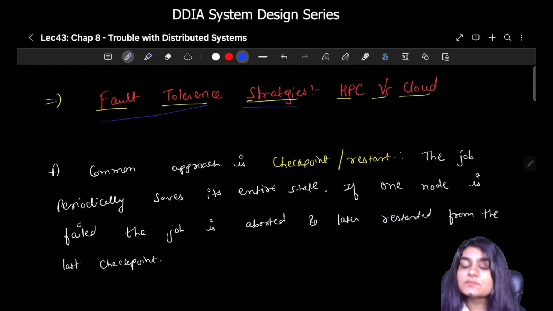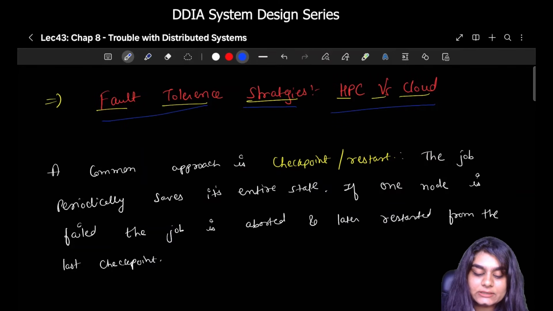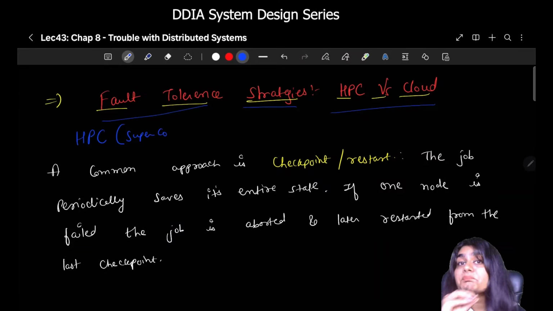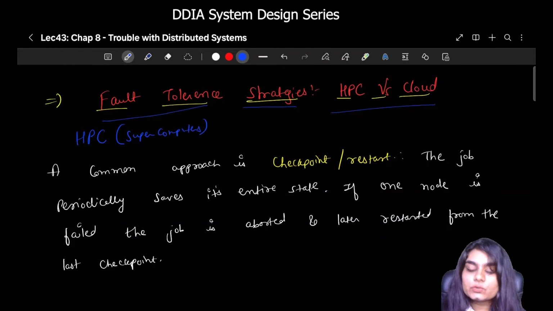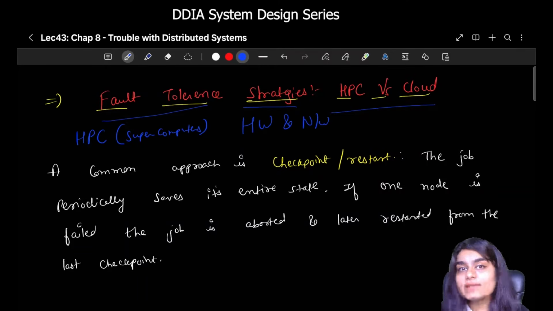Different large systems handle these faults differently. High performance computing clusters, also known as supercomputers, run big scientific jobs. They use specialized hardware and networks and often assume that it is okay to stop and restart on failures.